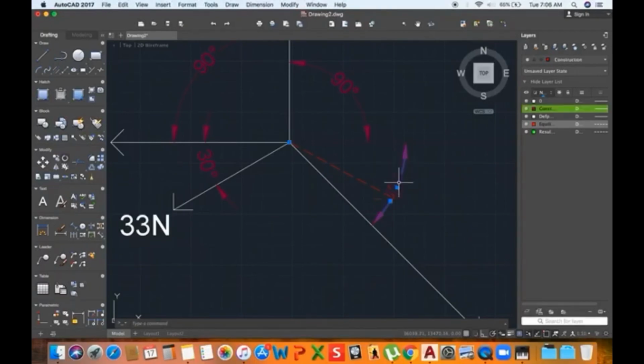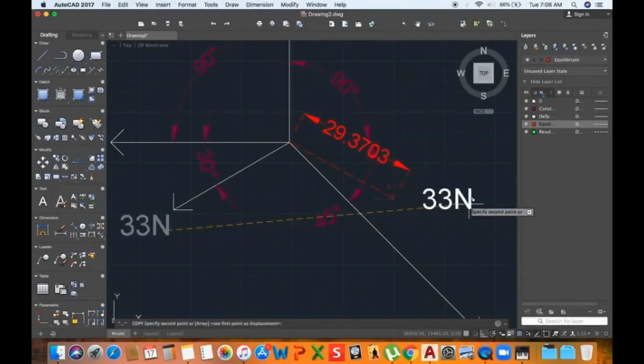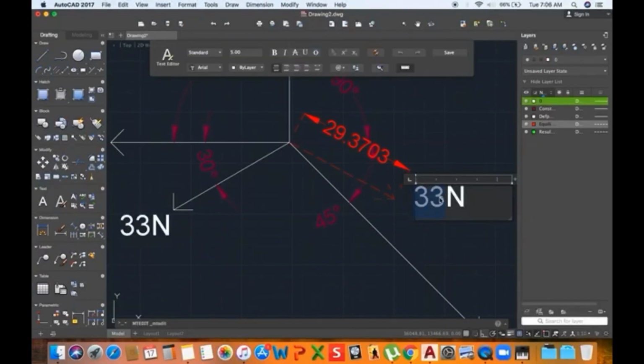And this equilibriant force will be 29.37.